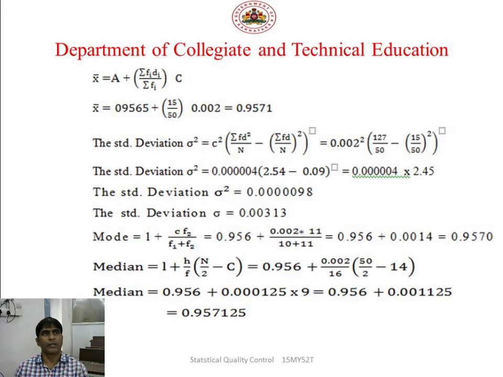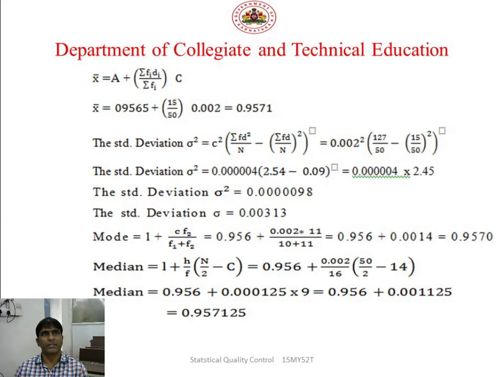Take down those values. A is 0.9565 plus, in bracket, 15 by 50 into class interval 0.002. Like that, the calculation gives 0.09571.